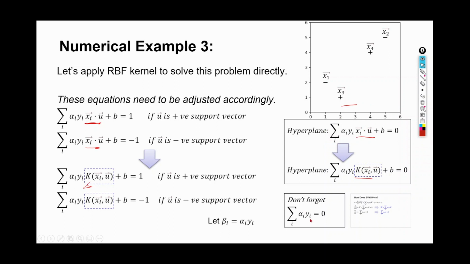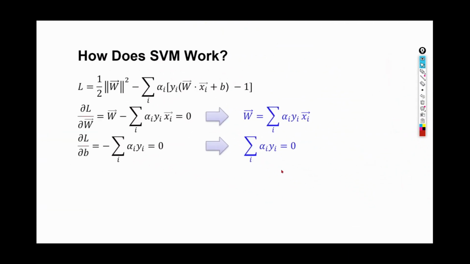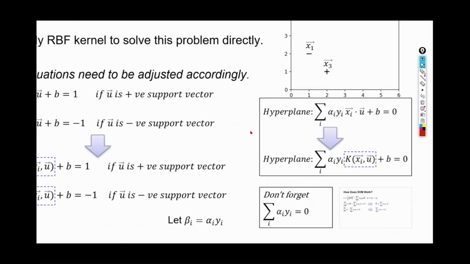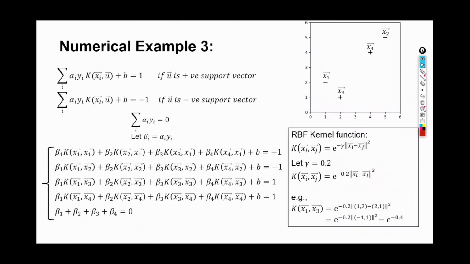And do not forget this very important thing we have derived with a lot of effort. We got these two expressions over here. So we can apply these three equations, and also the same thing, like beta_i is equal to alpha_i yi.